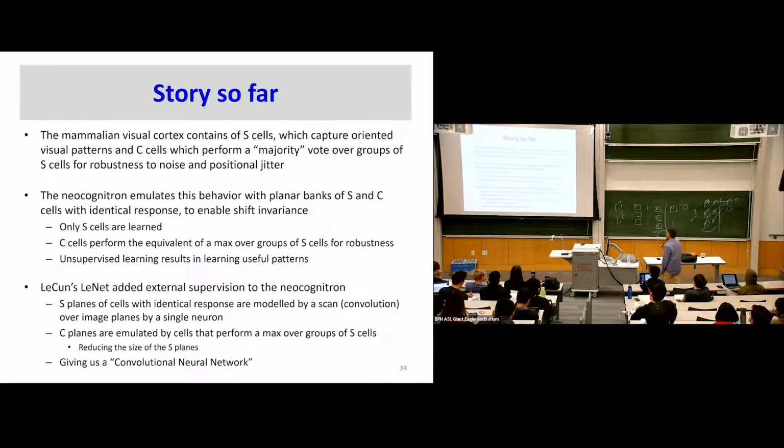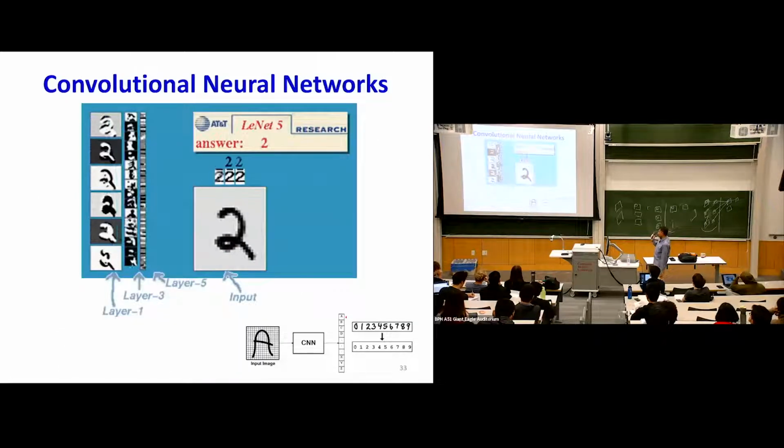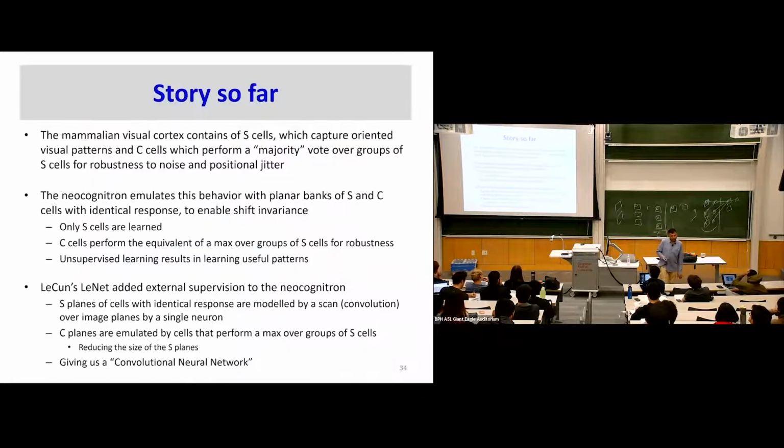But LeCun's LeNet, so this was LeNet, named after LeCun, added external supervision to the neocognitron. S planes of cells with identical response were modeled by a scan over the image planes by a single neuron. And the C planes are emulated by cells that perform a max over groups of S cell responses. And this whole thing gave us a convolutional neural network.